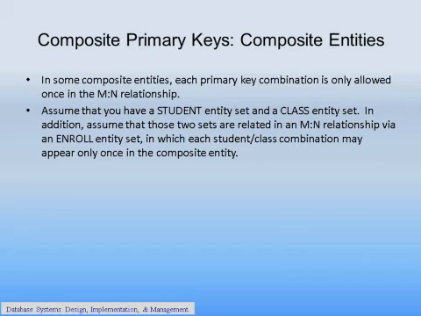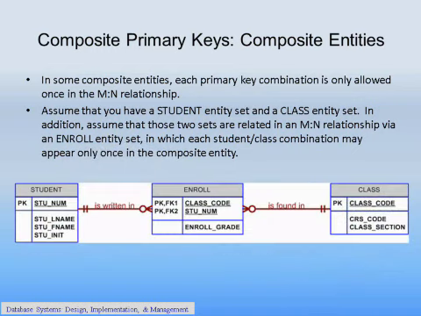Let's discuss the use of composite primary keys in composite entities. In some composite entities, each primary key combination is allowed only once in the many-to-many relationship. For example, let's assume a student entity set and a class entity set.